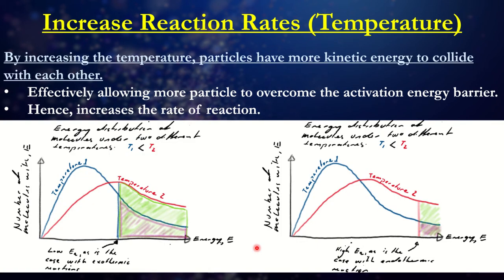Okay, so let's look at how temperature increases the rate of reaction. By increasing the temperature, particles will have more kinetic energy to collide with each other. Let's say in this diagram we have here, at the original temperature we have only a certain amount, so any particles in this particular energy range will be involved in our reaction.